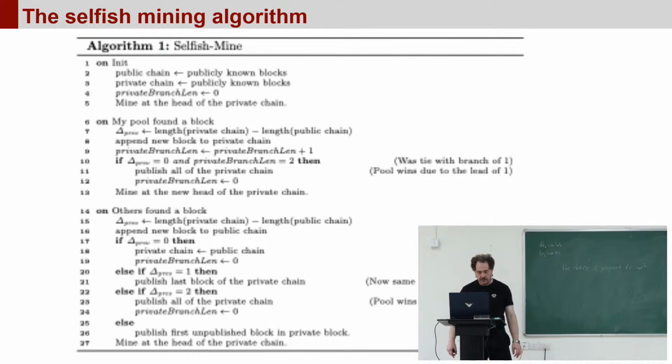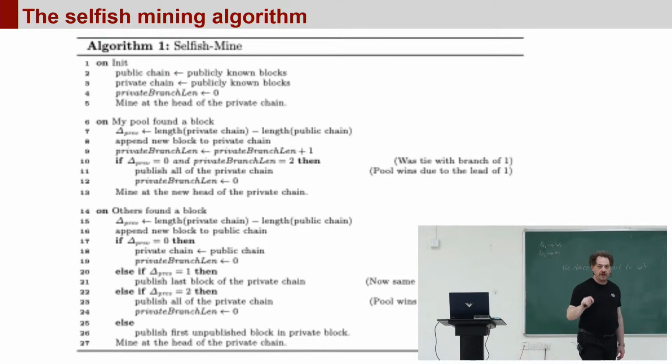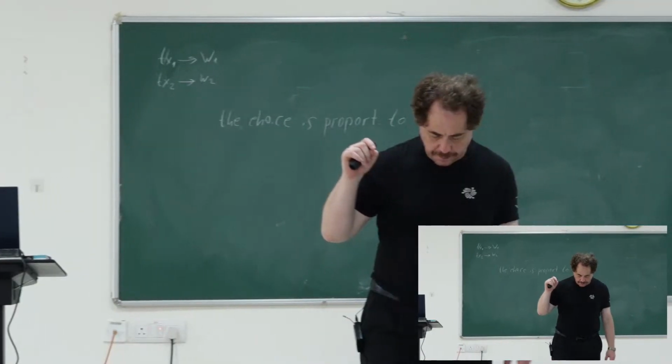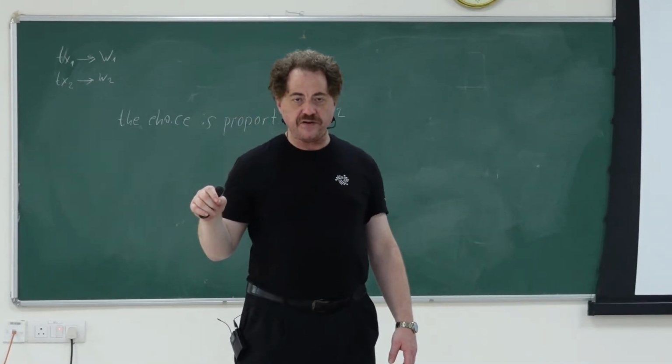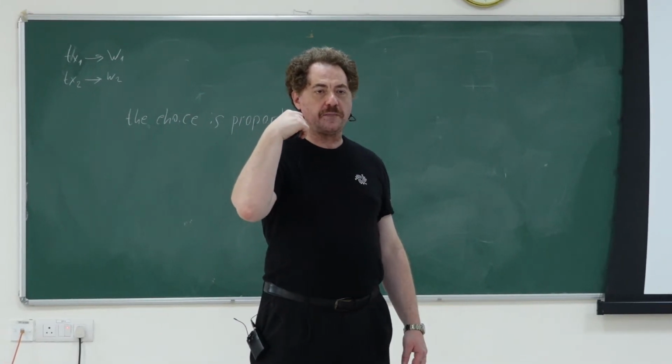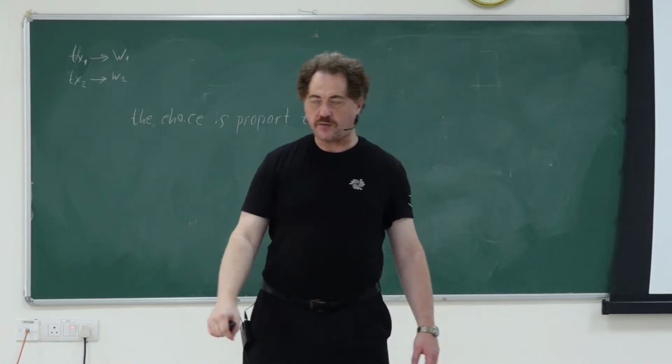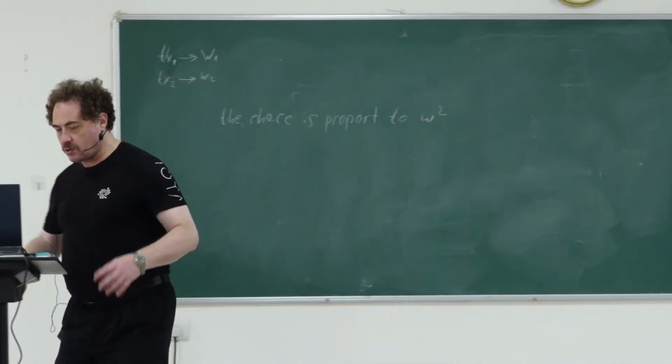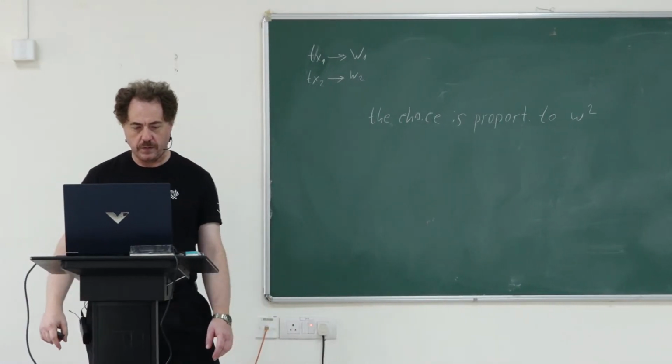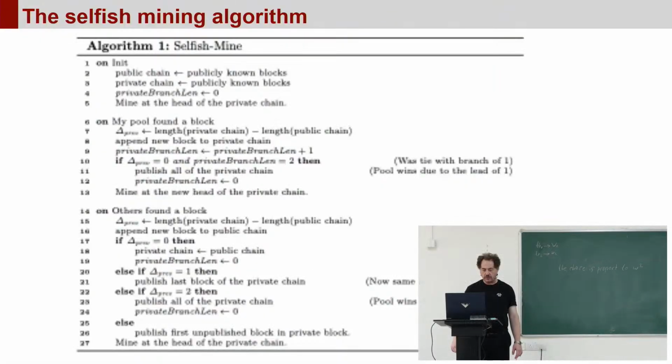If delta was equal to 1, it means that previously the private chain was overcoming the public chain by the length of 1, but now they are of equal length after the others found the block.